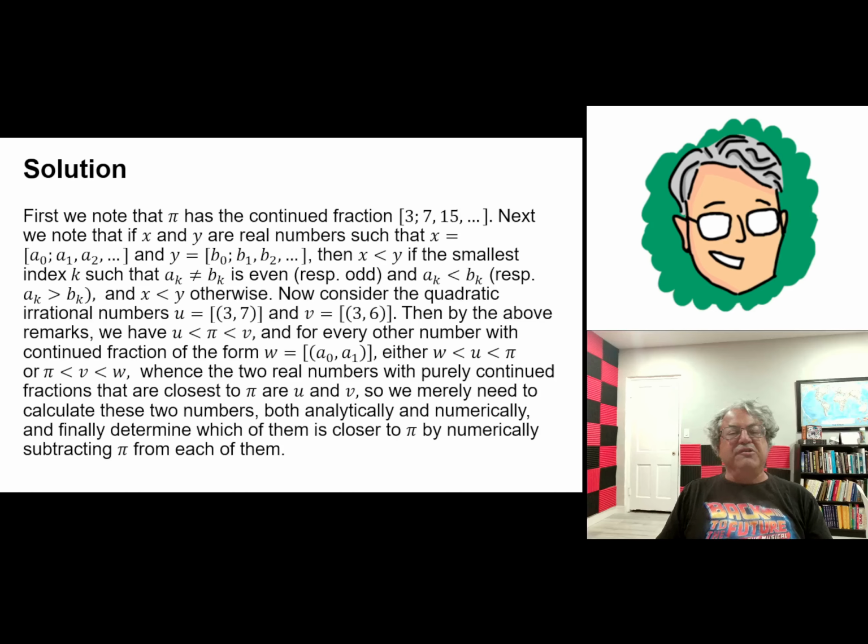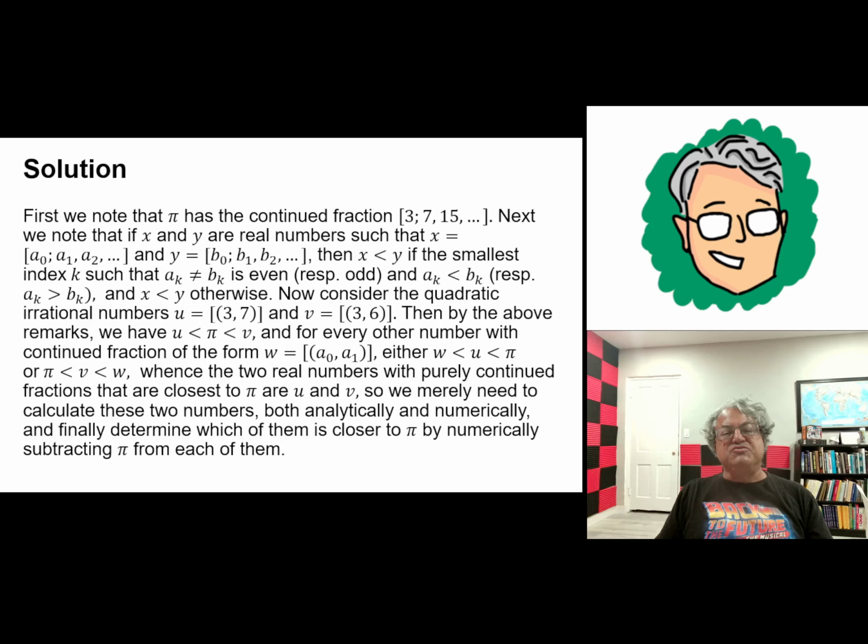So we might as well look at a couple. We know it has the form 3, a1, and since pi starts out 3, 7, let's look at u, which I'm defining to be 3, 7 repeating. That would be 3, 7, 3, 7, and so on.